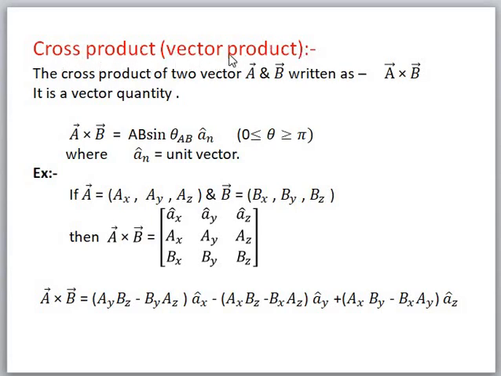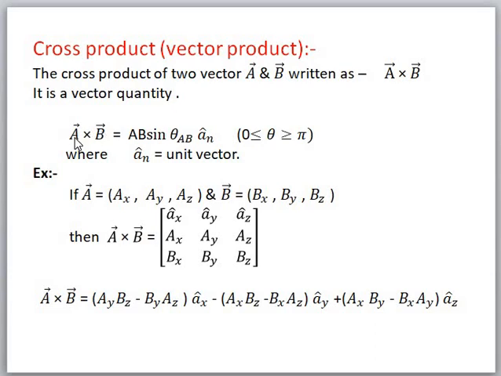If any two vectors A and vector B are given, we can write in this form of cross product: vector A cross vector B. It is a vector quantity. The resultant of the cross product of given vectors is a vector quantity.